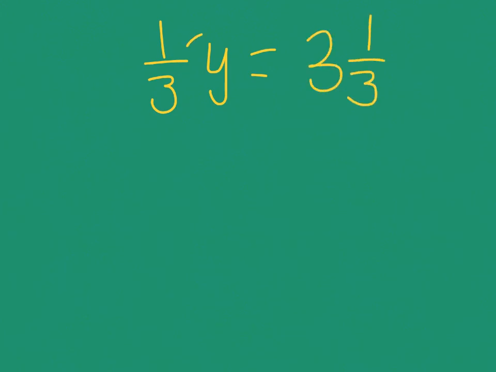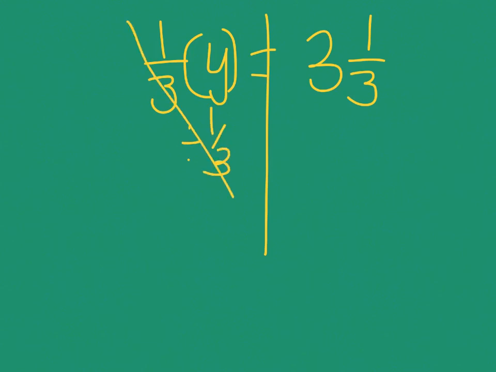Now, that type of problem is very important, so let's do one more together. We have 1/3 y equals 3 1/3. All right, this is like saying we're multiplying 1/3 times y. The opposite of multiplication is division, so we're going to divide by 1/3. They cancel each other out.